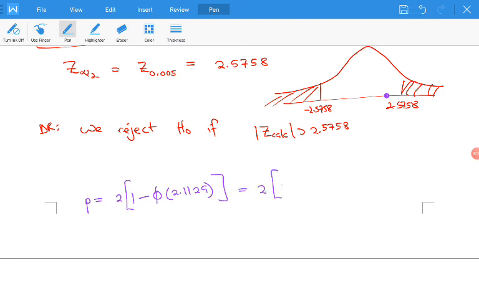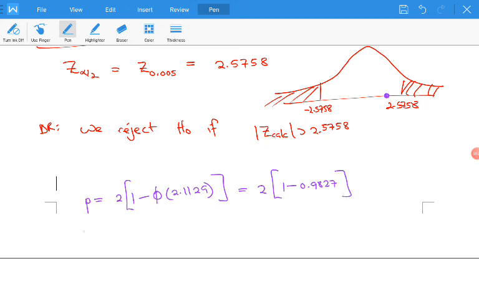So this is equal to 1 minus, let's check out the probability, 0.9827.